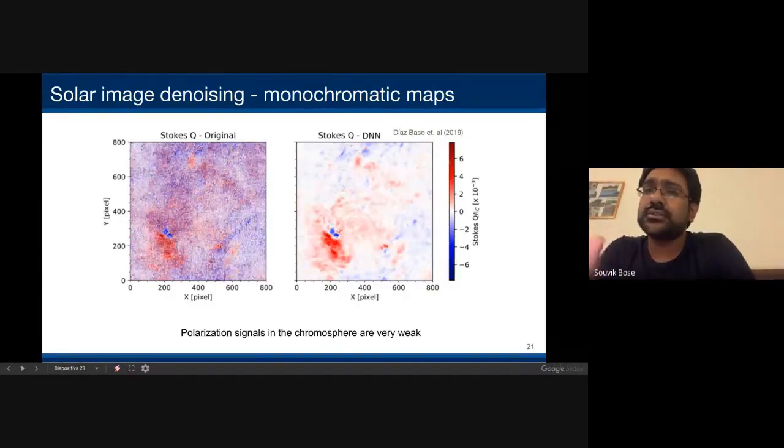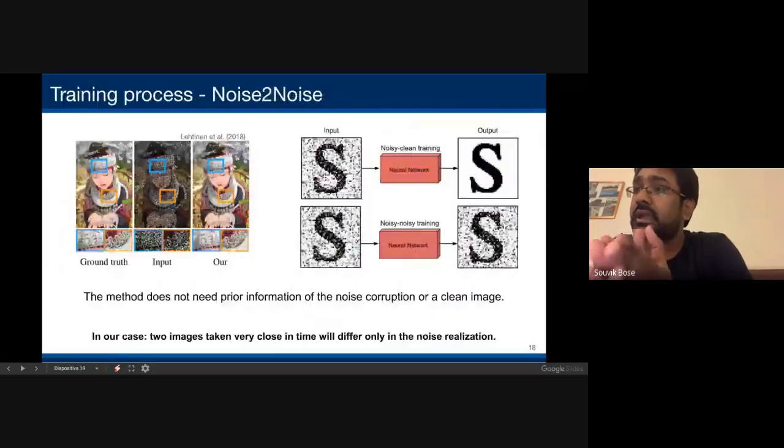You started with the assumption that the images which are closer in time are only separated by basically noise, right? You assume that the features in those two images that are closer in time do not evolve.